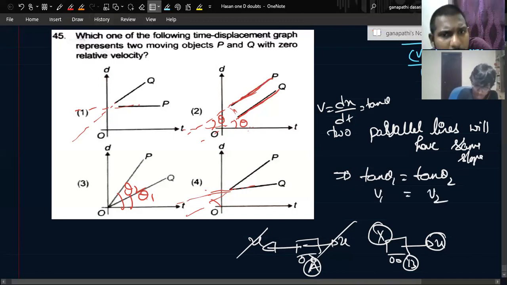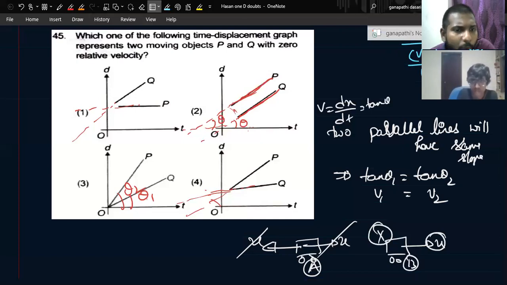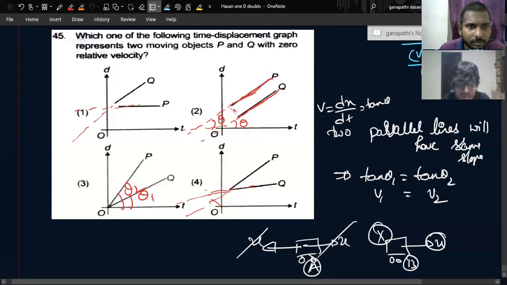There might be different displacements, but the rate of change of displacement, dx by dt, is the same. So why did you say option 3, Hassan? I got confused. Now it's clear, sir. Understood now, sir.